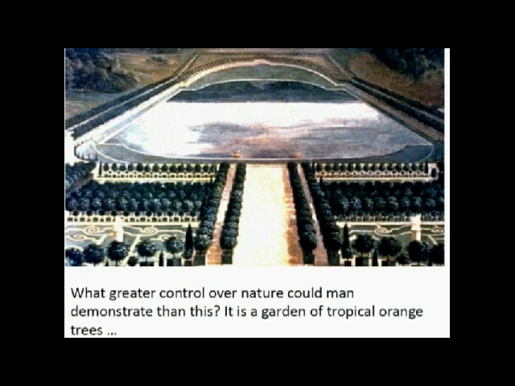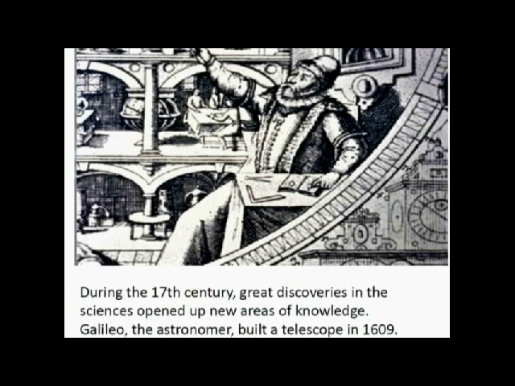Another thing that is interesting to see is that in the 17th century, these are just the foundations of the new century. There were very important scientific discoveries, like Galileo, for example, and others.